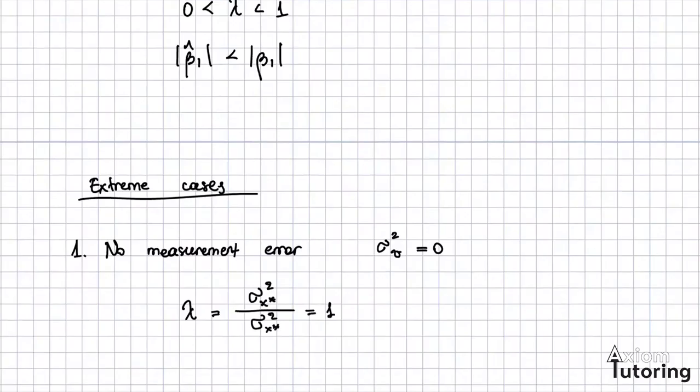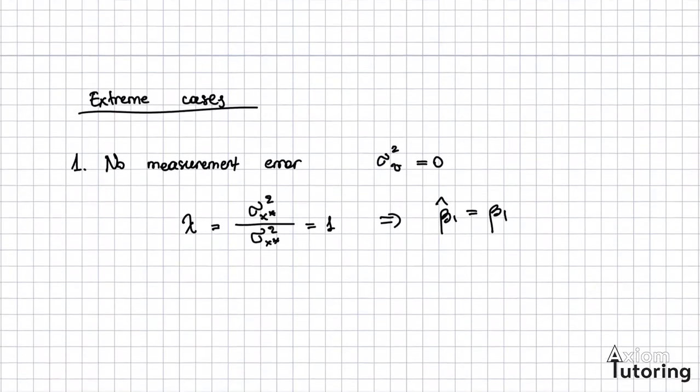So it's going to be exactly 1, in which case beta 1 hat is actually equal to beta 1, okay? This is a case where literally you thought you had quite a bit of a problem with your measurement error, but it turns out it's not what you thought it was.